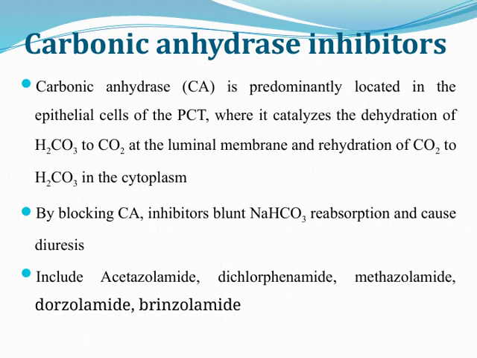When we use inhibitors to block CA, it disrupts this process. Specifically, it blunts the reabsorption of sodium bicarbonate, or NaHCO3, which leads to increased urine production, or diuresis. Some common drugs that act as CA inhibitors include acetazolamide, dichlorphenamide, methazolamide, dorzolamide, and brinzolamide.